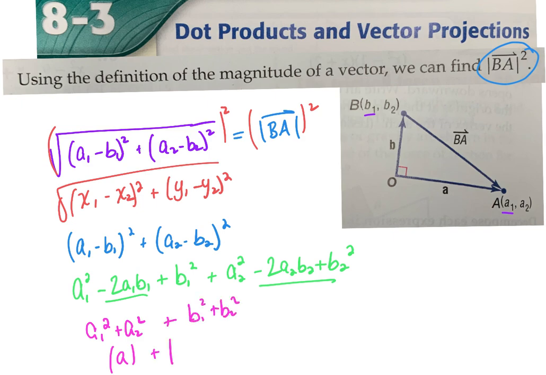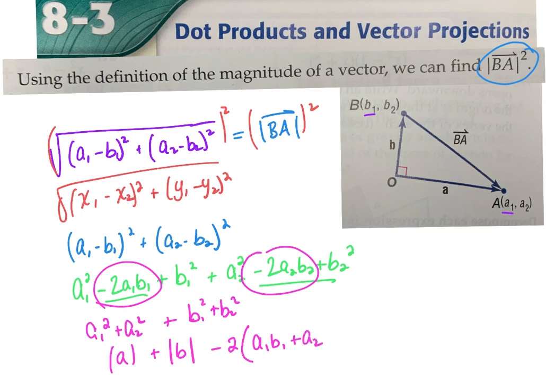That's just represented by this, right? And then we have these groups. So we have minus 2, and I'm going to factor that out. And I have A1 B1 plus A2 B2. Because I pulled out a negative 2 out of both of those.